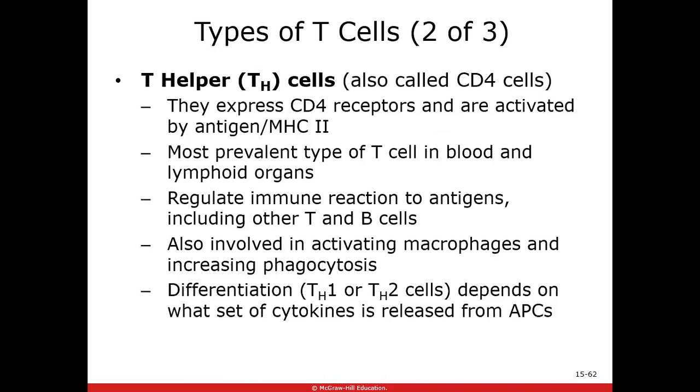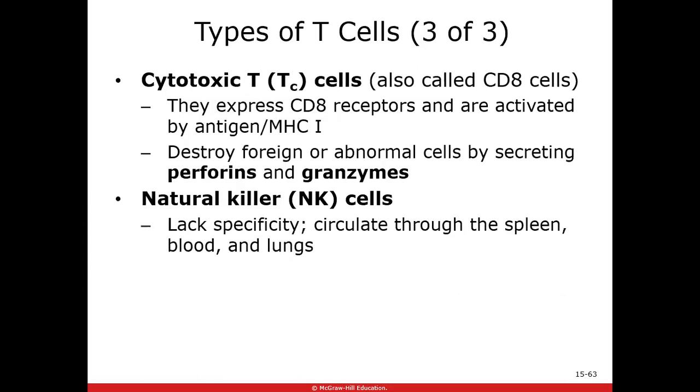Differentiation of T helper 1 or T helper 2 depends on what set of cytokines is released from the antigen presenting cell. Cytotoxic T cells destroy foreign or abnormal cells by secreting perforins and granzymes. Natural killer cells lack specificity. They circulate through the spleen, blood, and lungs.